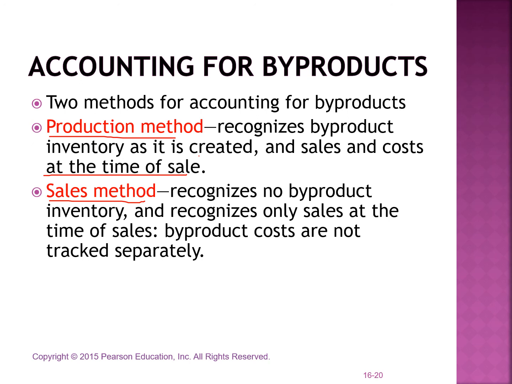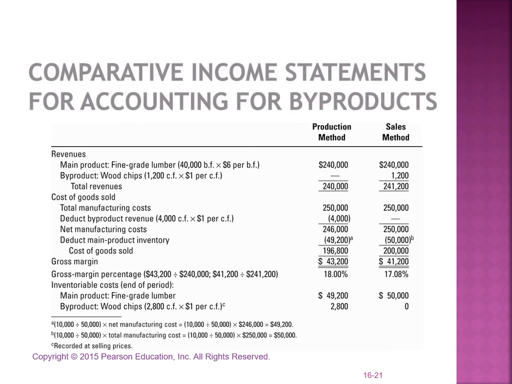It considers any by-product inventory as inventory whenever it is created, and when it is sold, whatever the cost is will be deducted out of that revenue. The sales method recognizes no by-product inventory and recognizes only sales at the time of sale. The by-product is not tracked separately, which means we only recognize the revenue coming from the by-product and do not consider any of the cost in doing that.